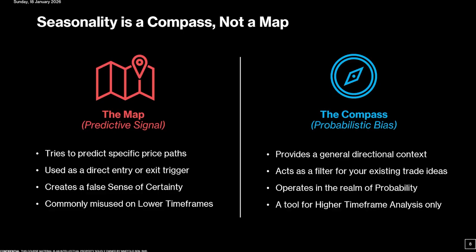Go back and look at market structure of the ES on a higher time frame and tell me, what do you see? It's one-sided, isn't it?